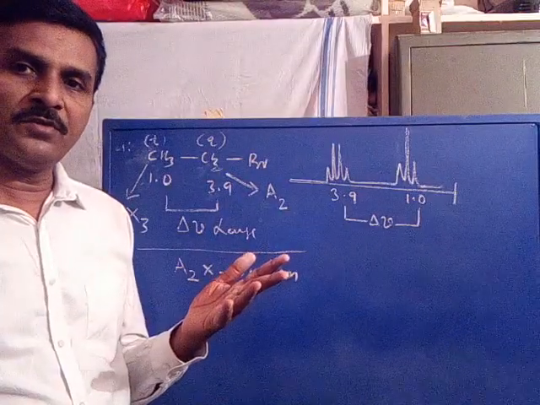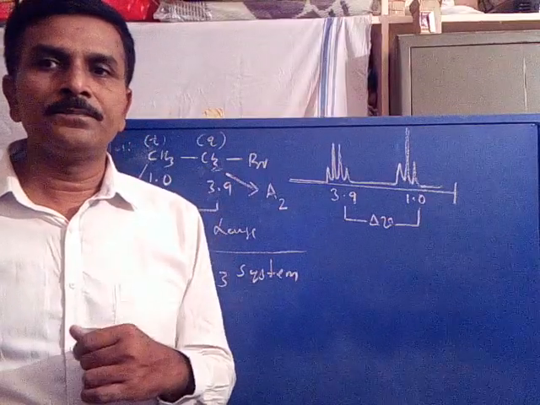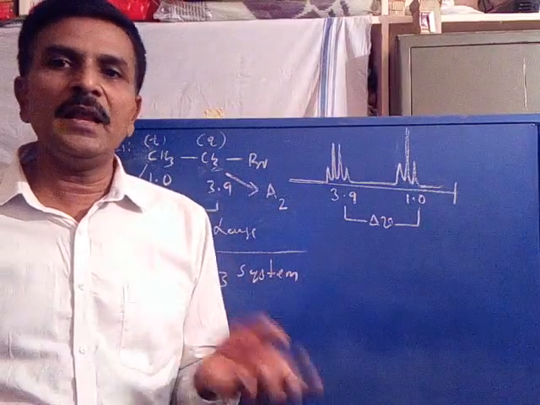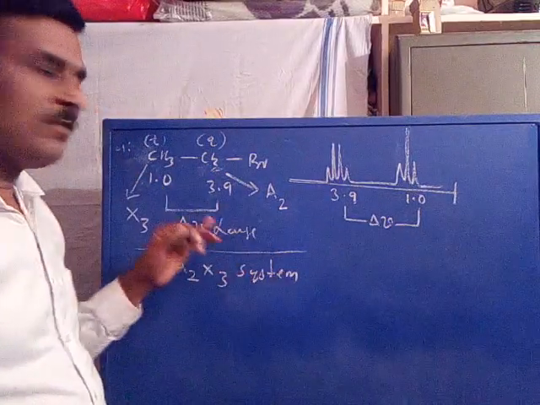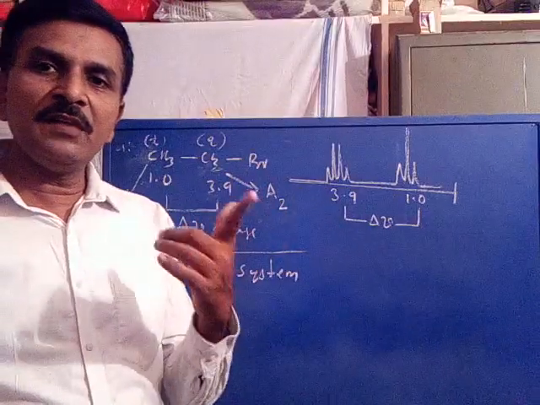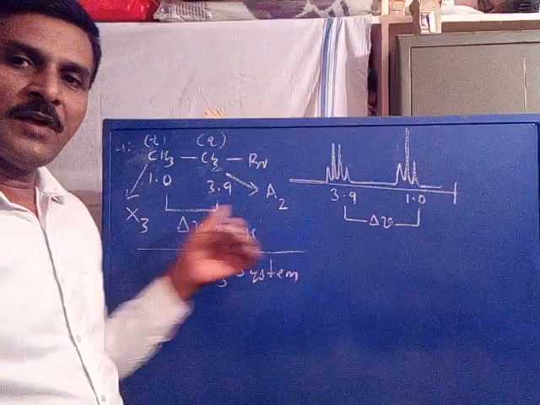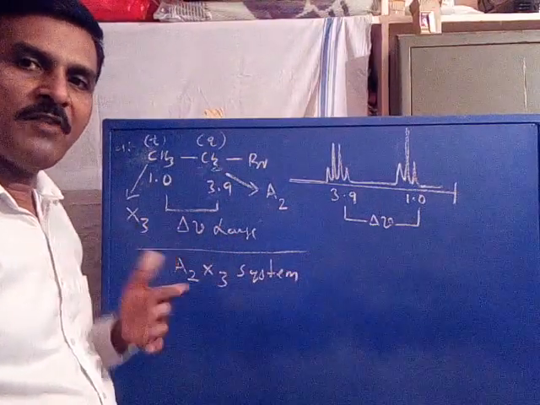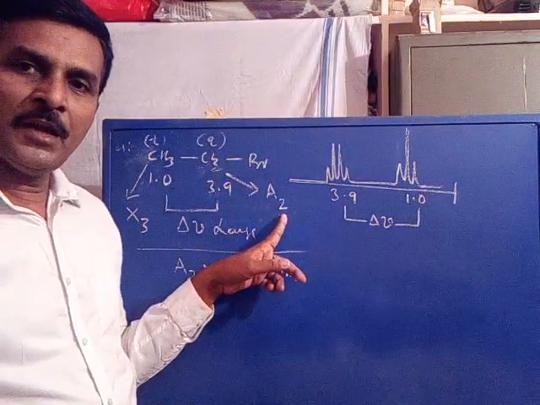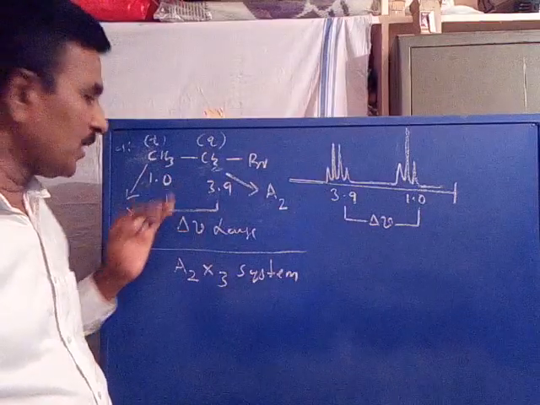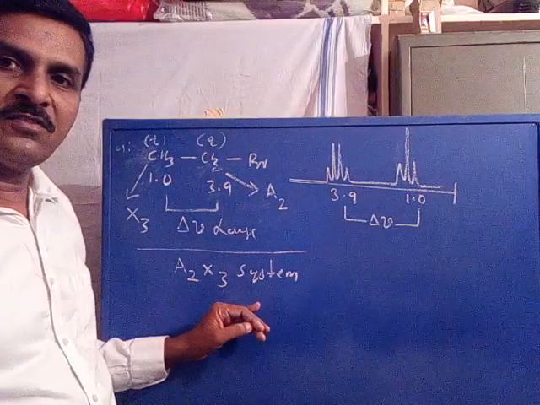If there are only 2 sets under this condition, then we use letter A and letter X, not M. If there are 3, then we use letter A, letter M and letter X. The letter A is always used for a set of protons with higher delta value, and the number of hydrogens is designated with a subscript. Where the CH2 group has 2 protons, it becomes A2, and where CH3 has 3 protons, it becomes X3. So the total system becomes A2X3 system.